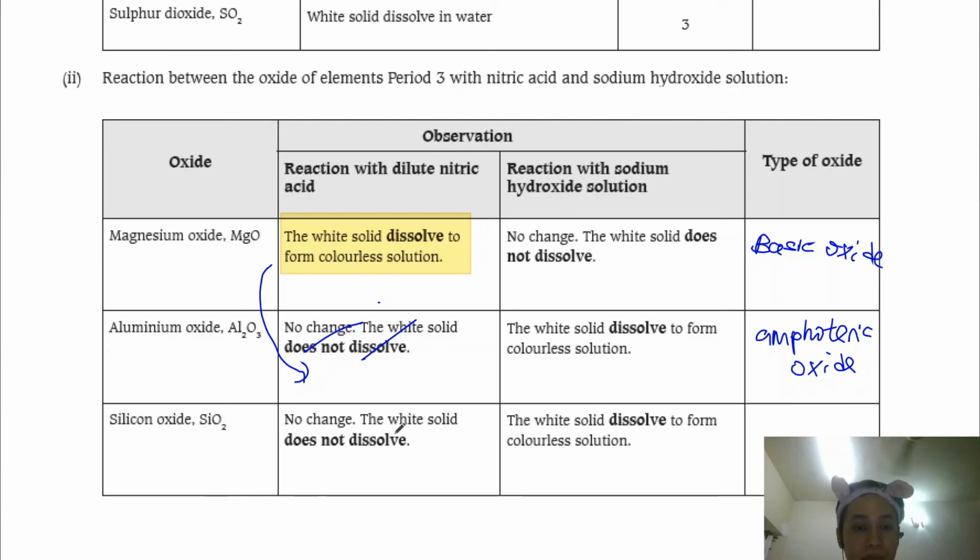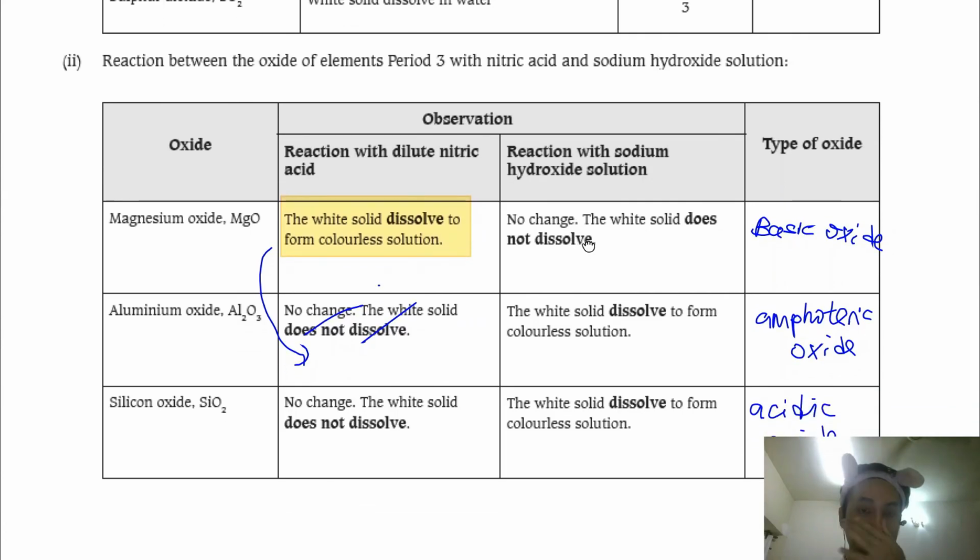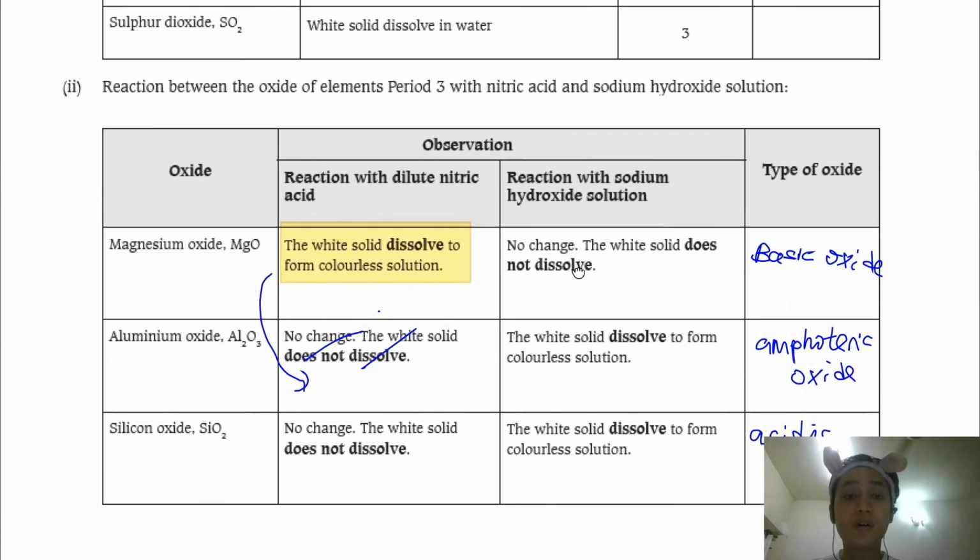Silicon dioxide, since it is acidic, cannot react with acid, it can only react with alkali solutions. So that is why you will see a reaction happening in the alkali. It dissolves.